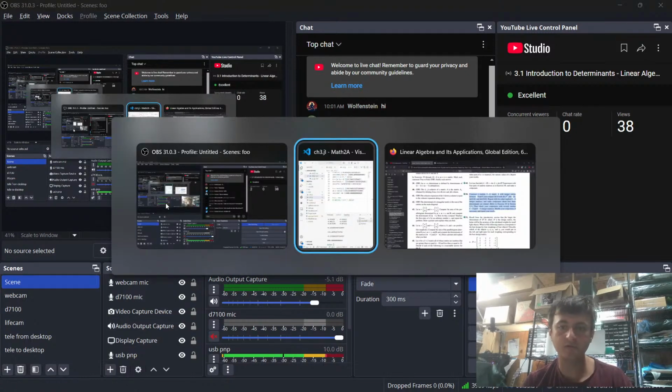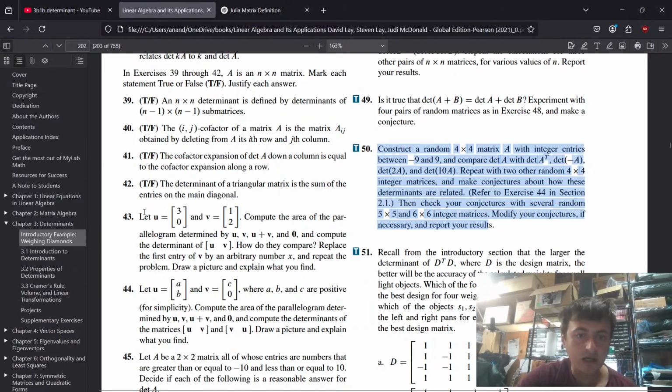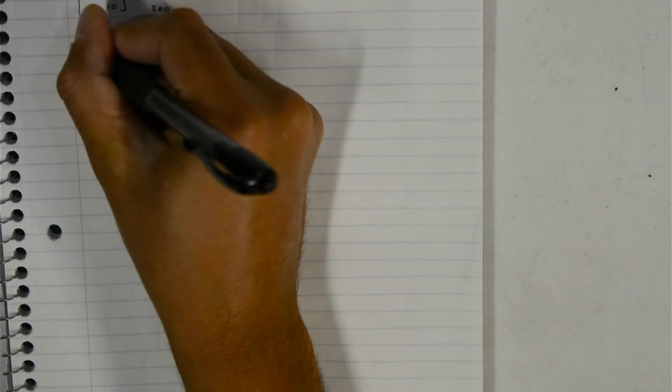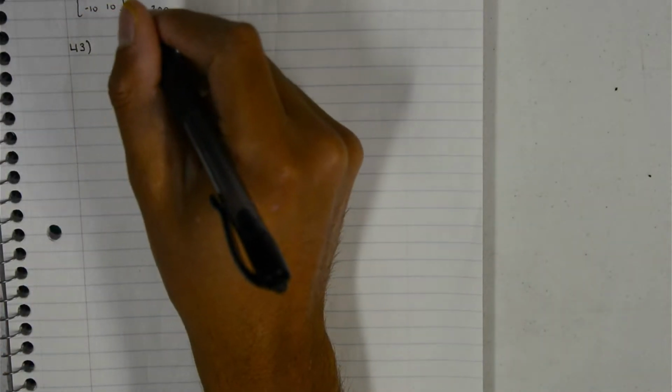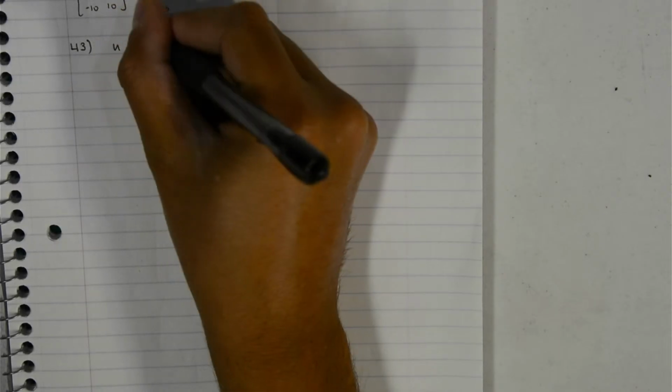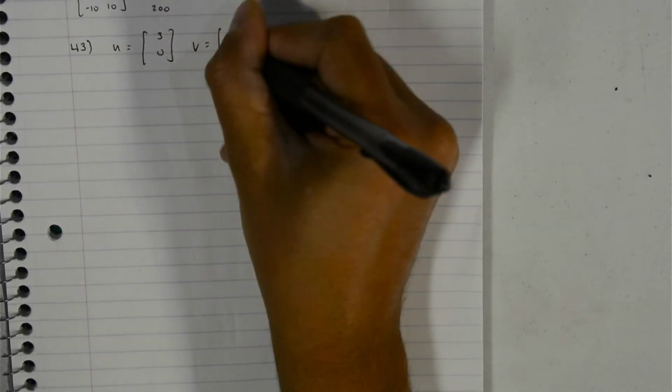Problem 43. Hold on. Let's go. How do you draw the picture? All right, let's do that one right now. We're going to go back to the other ones, but let's just do this one right now. So 43, U is equal to 3, 0. V is equal to 1, 2.